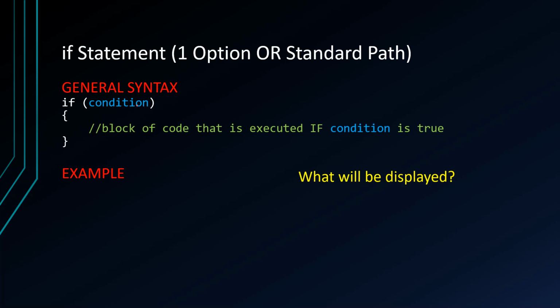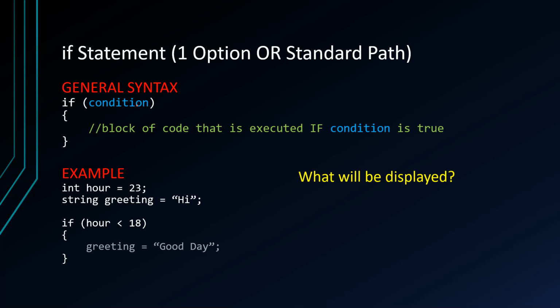So let's do an example so you can see this in action, because obviously it can get pretty complicated if you don't. So imagine we have two variables. Int hour has the value 23. String greeting has the value hi. Now I want to say if hour is less than 18. So do that in your head right now. Is hour less than 18? If it is less than 18, then I want to change the value of greeting to good day.